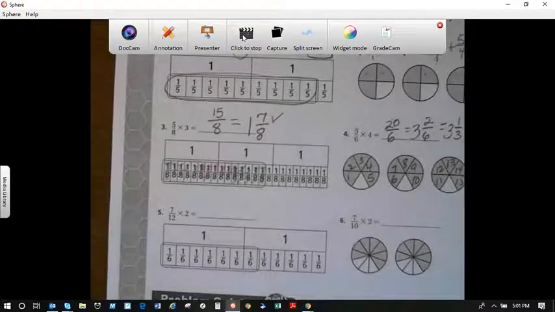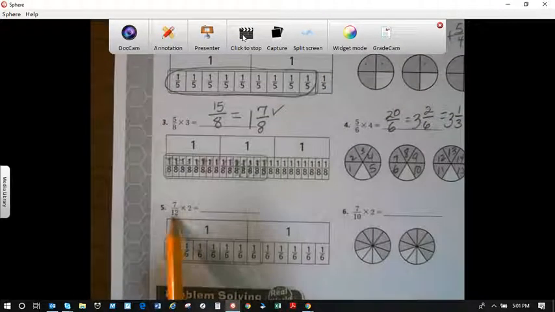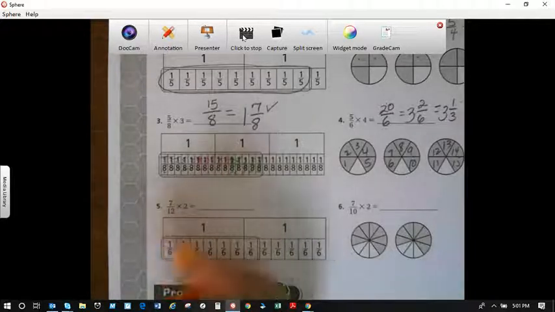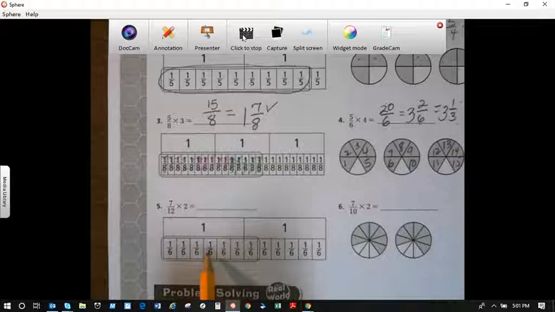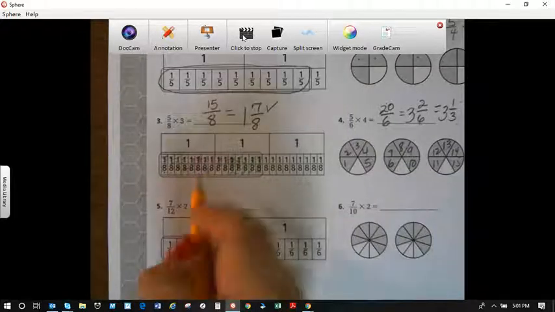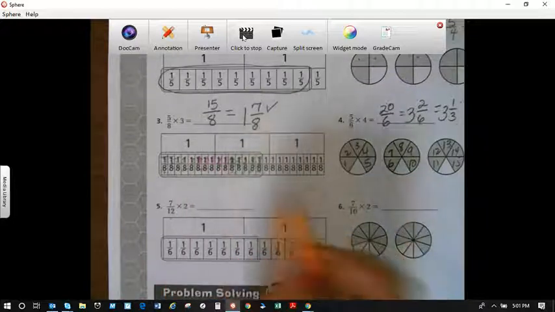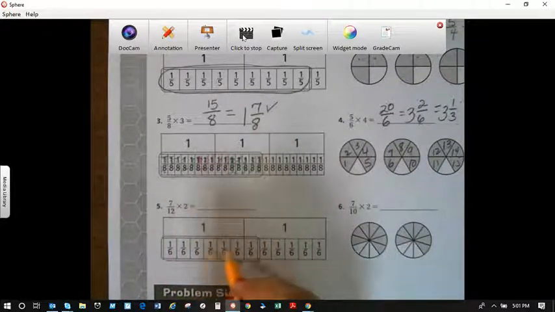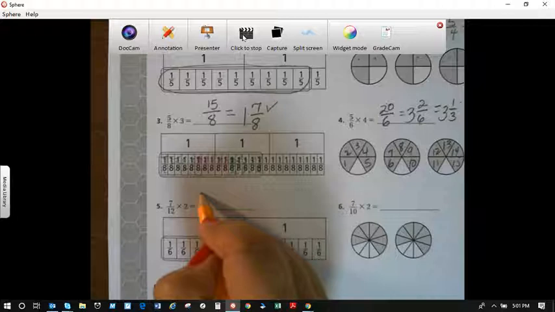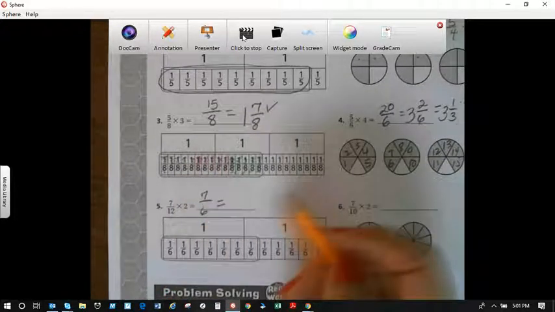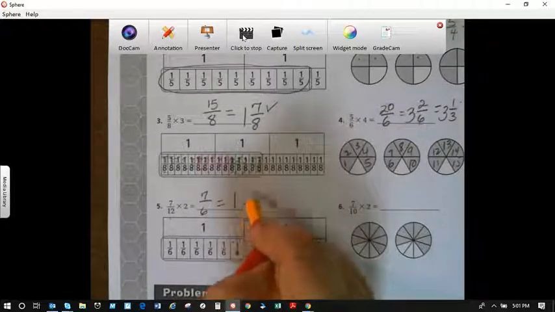Doing the same thing here. Well, this was 12, so I needed to find which fractions would fit across equally, and that would be sixths. So I have 1, 2, 3, 4, 5, 6, 7 sixths, which is also equal to 1 1/6.